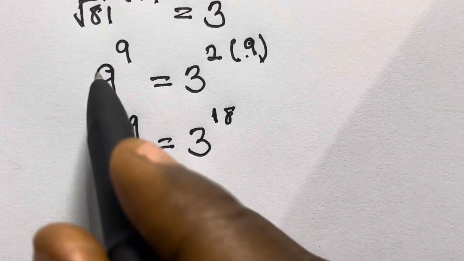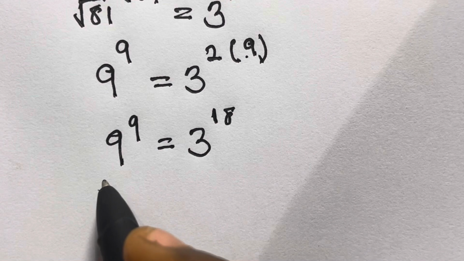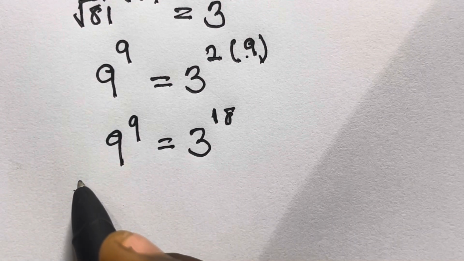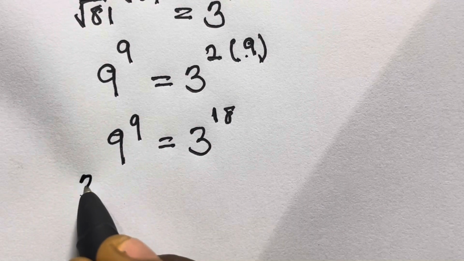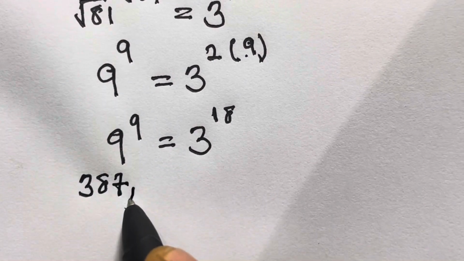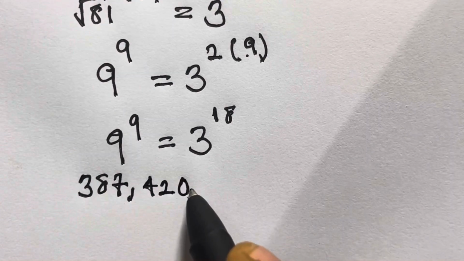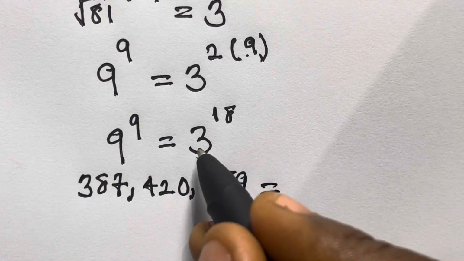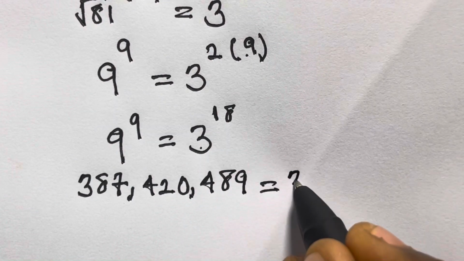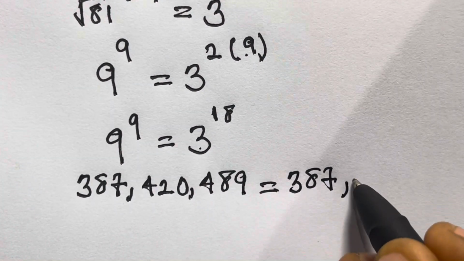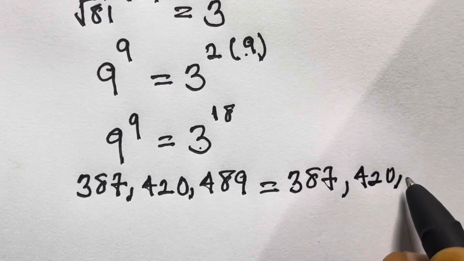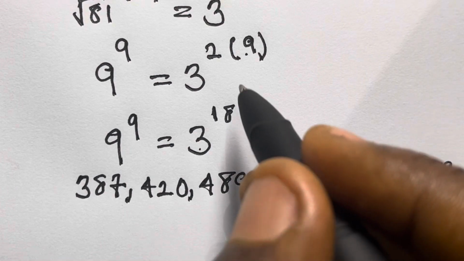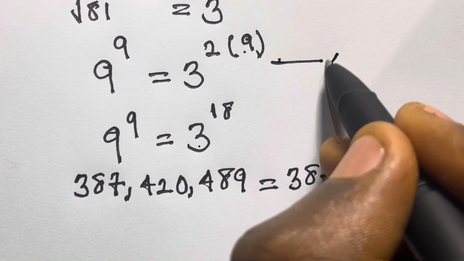Here as well, we can express this: 9 raised to power 9 will give us 387,420,489, which equals 3 raised to power 18, which gives us 387,420,489. So you see that this and this are equal. You can also check from this side.